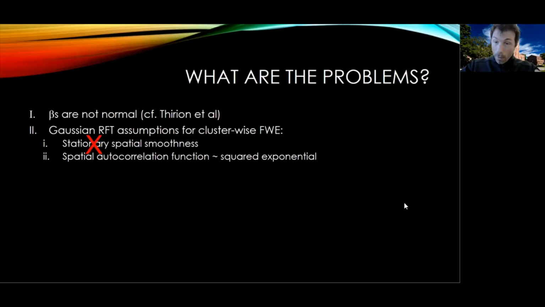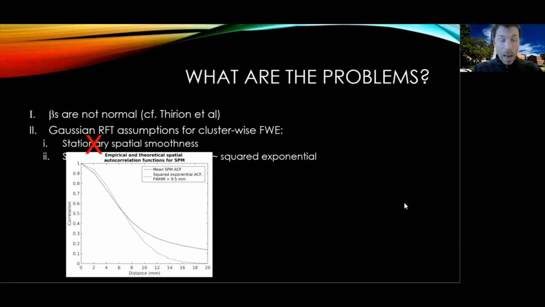So this is the correlation of a voxel with all the other voxels, depending on how close they are. The correlation with nearby voxels is very high, and then as you go further and further away, the expected correlation should drop off quite a bit. So the dashed line is the expected correlation over space.